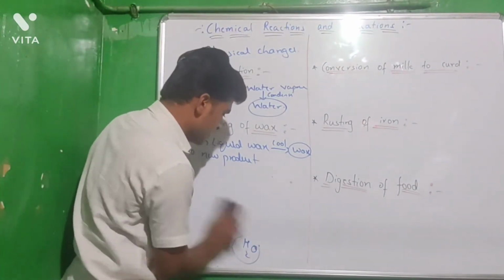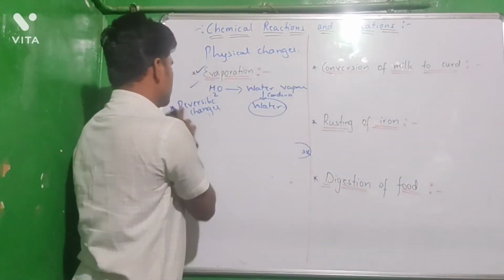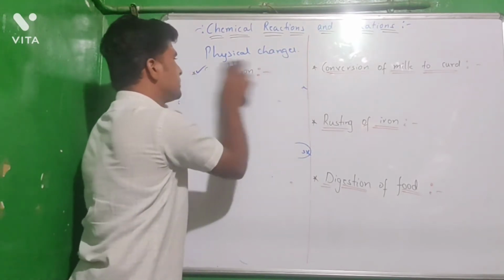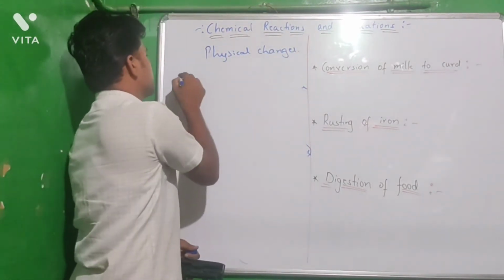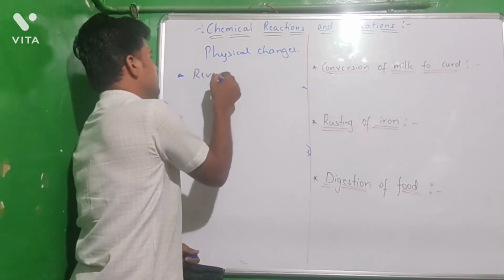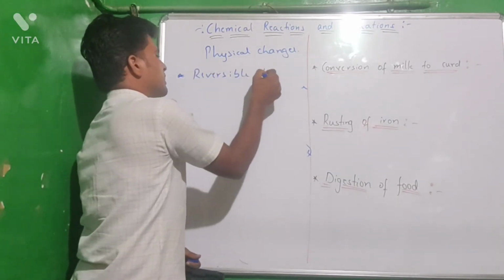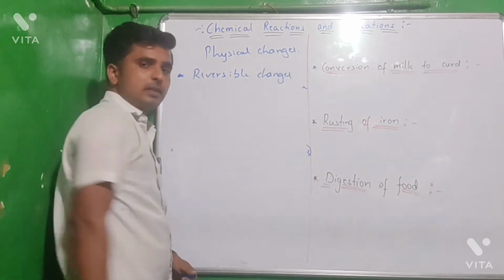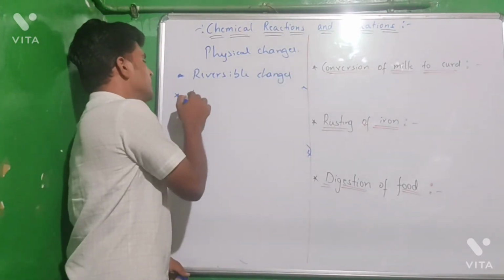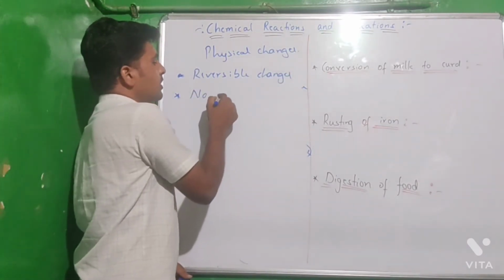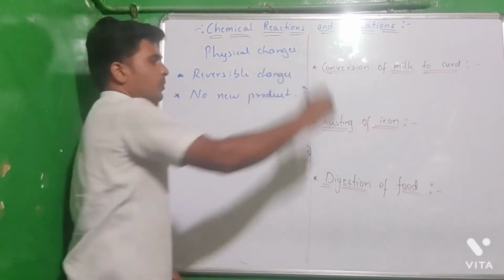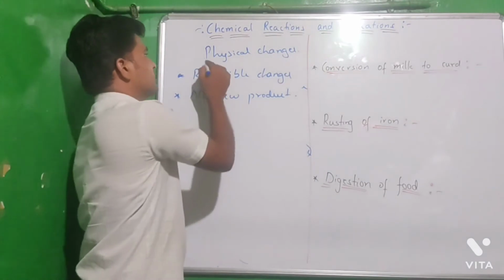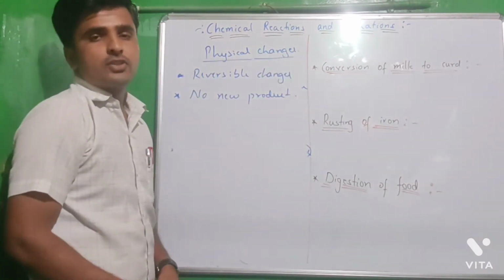Physical changes are the reversible changes, and also there is no formation of a new product. These kinds of changes are called the physical changes.